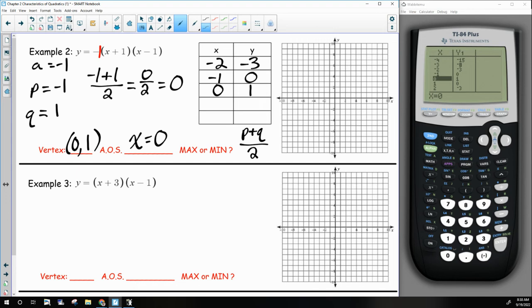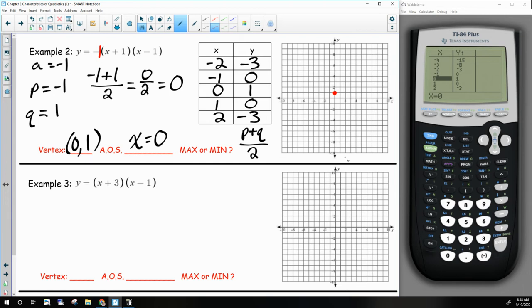And we do the same below. 1, 0, 2, -3. Always making sure we check that symmetry in the y. Quadratics are symmetrical. If the numbers aren't the same on the y side, then your graph is not correct. It needs to be symmetrical. Quadratics are always symmetrical. I always start by graphing my vertex. 0, 1.